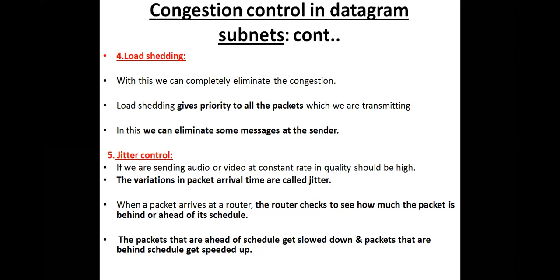Likewise, the router will check whether the packets in the network are ahead of schedule or behind schedule. If the packets are ahead, the router will slow down transmitting the packets. If the packets are behind, the router will immediately forward them to the destination in a faster manner. That is about congestion control in datagram.